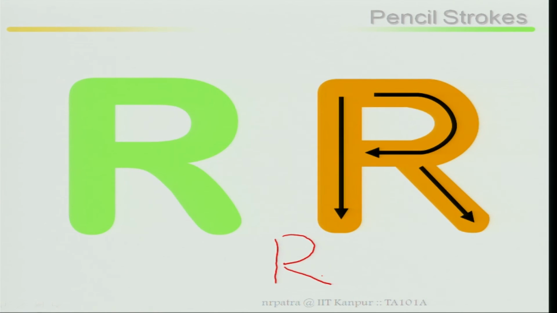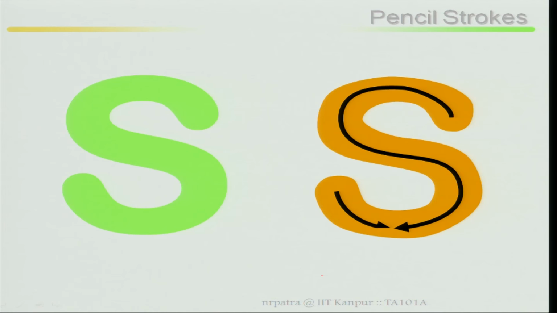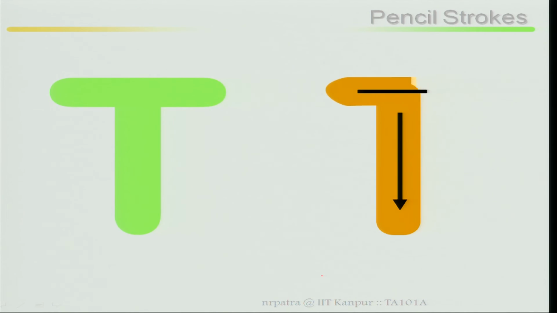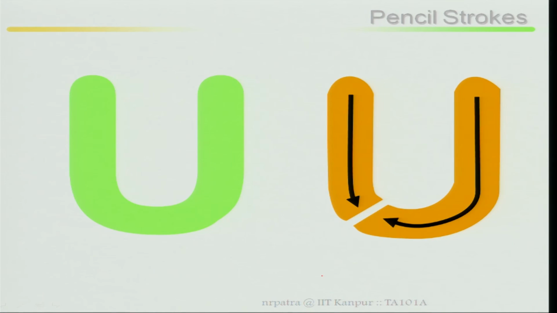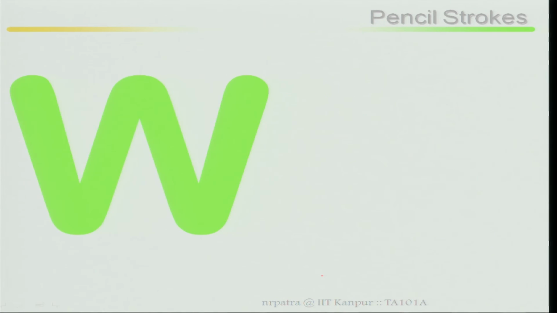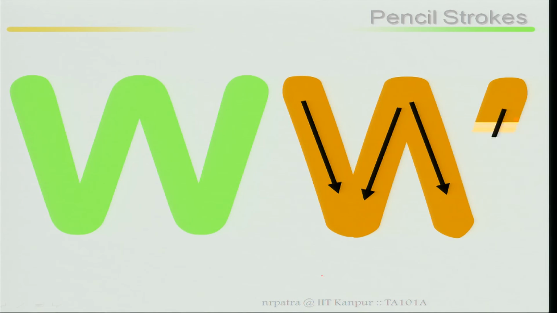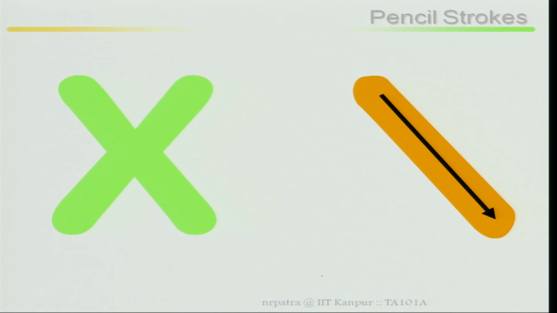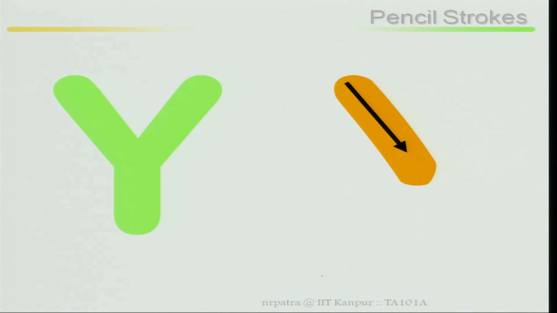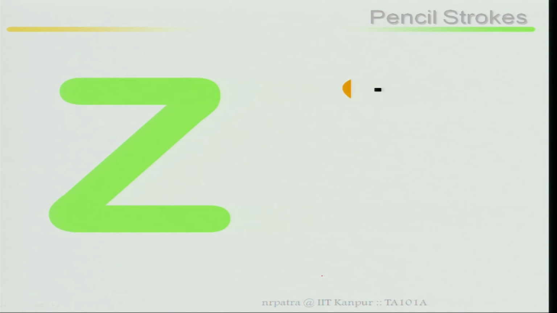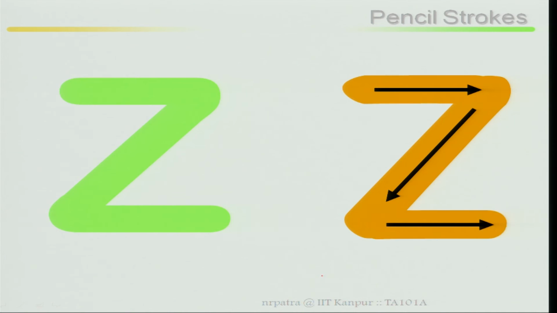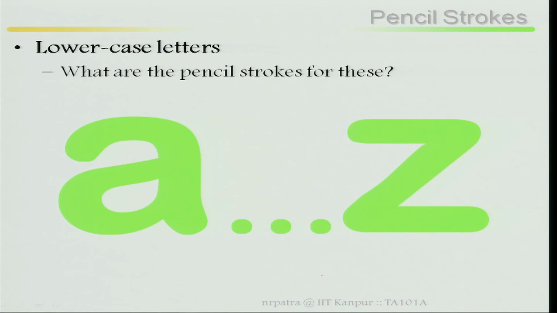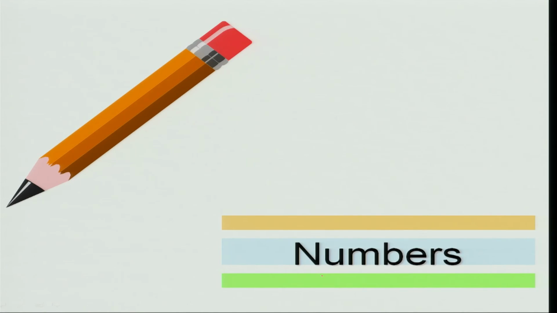That is the sequence of your R. Then S, then T, then U, V, and W as I said earlier, then X, Y, and Z. Similarly, these are all your uppercase letters; you can do the same for lowercase, A to Z. Then come to the numbers.